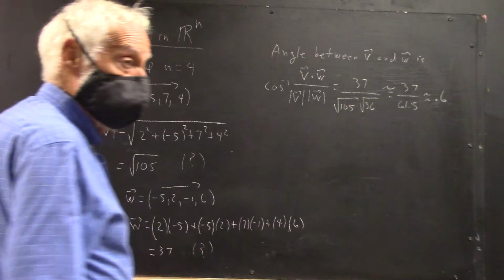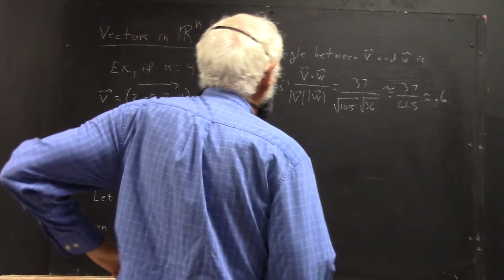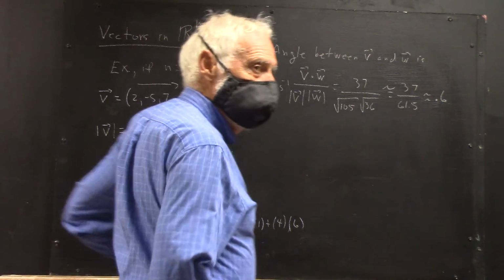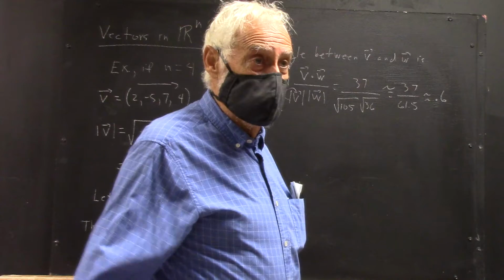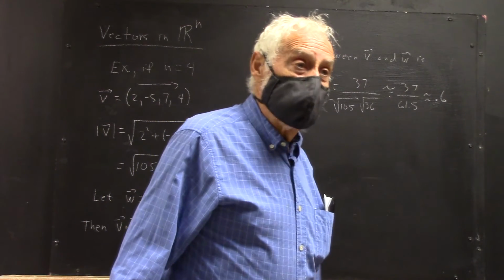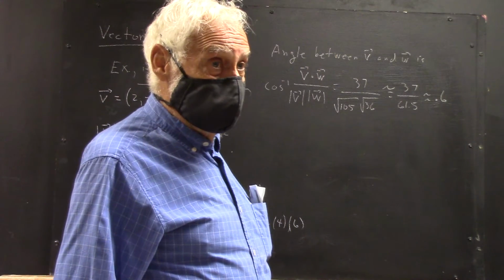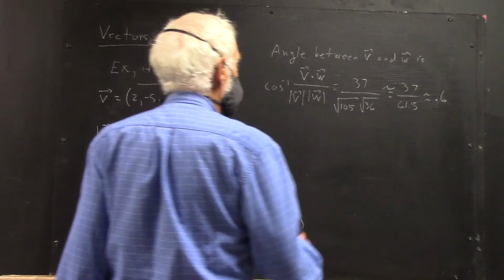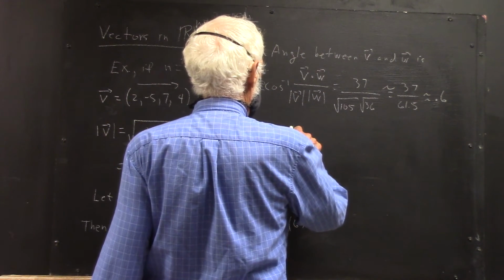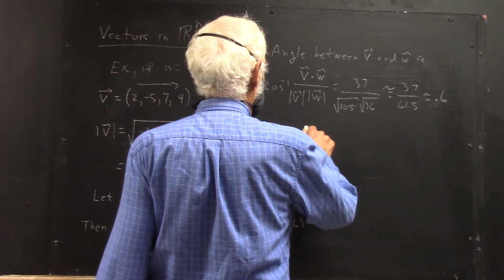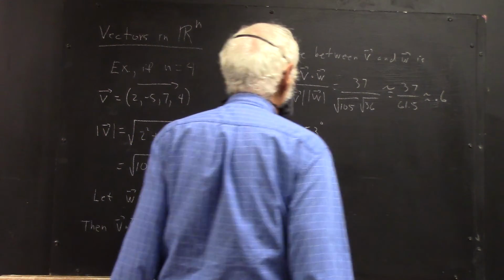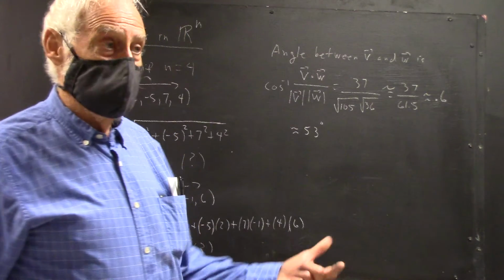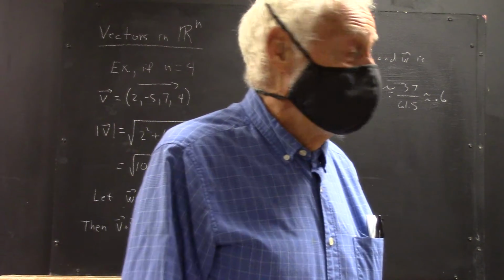I'm not even going to go there. Well, that is fortunate. I just made these up off the top of my head, but that's a special angle. That's about 37 degrees. No, sorry, 53 degrees. 37 degrees is a very handy angle.